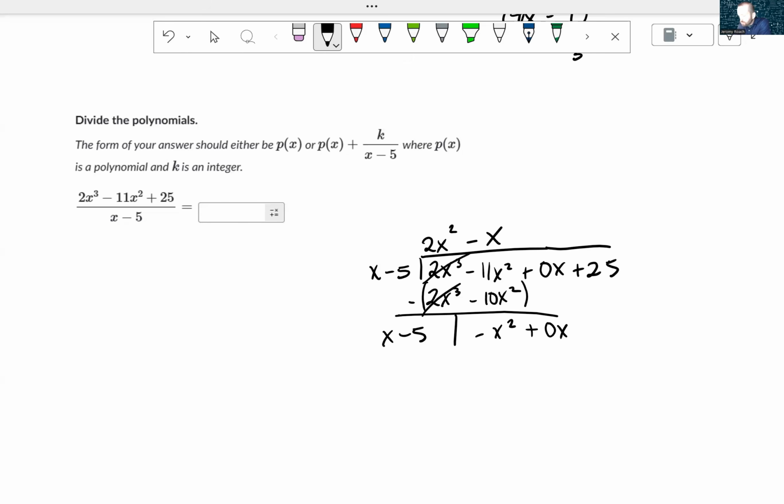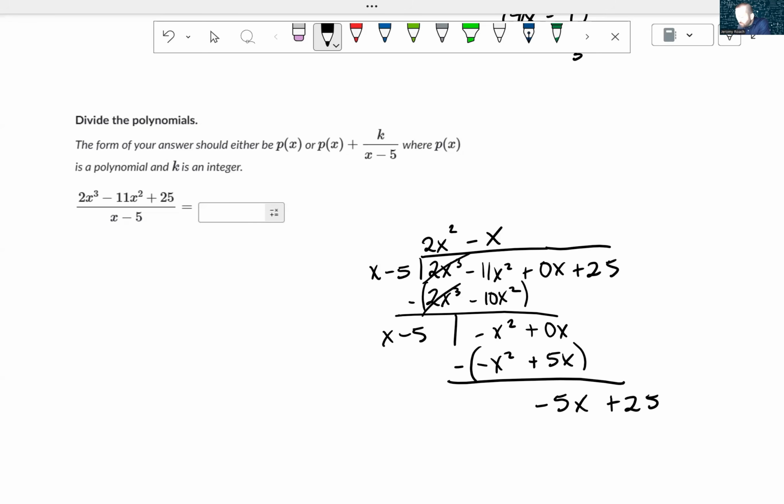So I think I made a couple of mistakes on this one. So this one's -x. -x times x is -x squared. -x times -5 is +5x. Now we're going to subtract those. Double negative makes a positive. Our x squareds cancel out, and we're left with -5x plus 25.